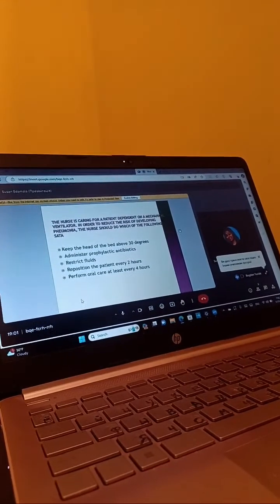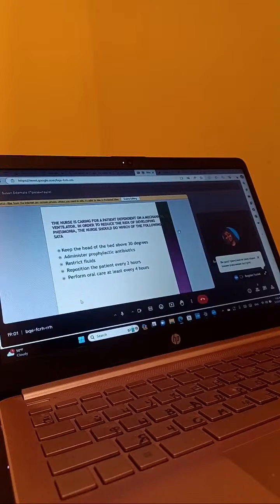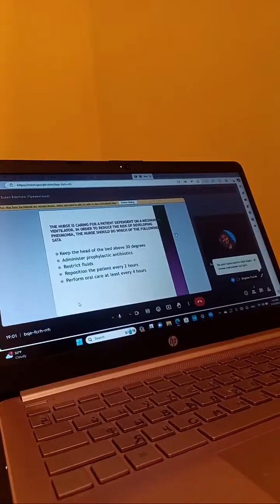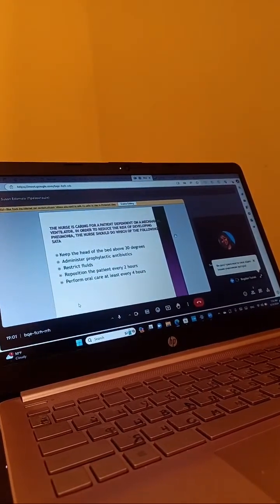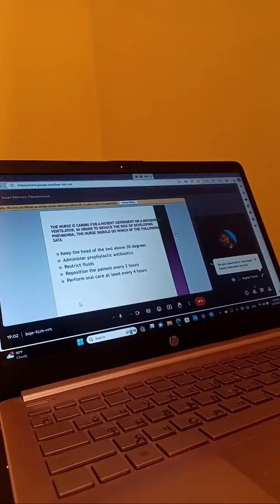The nurse is caring for a patient dependent on a mechanical ventilator. In order to reduce the risk of developing pneumonia, the nurse should do which of the following? Choose more than one answer.